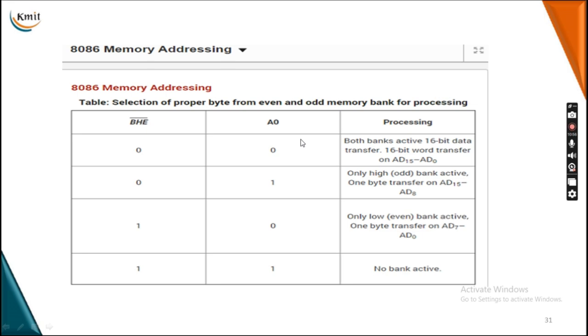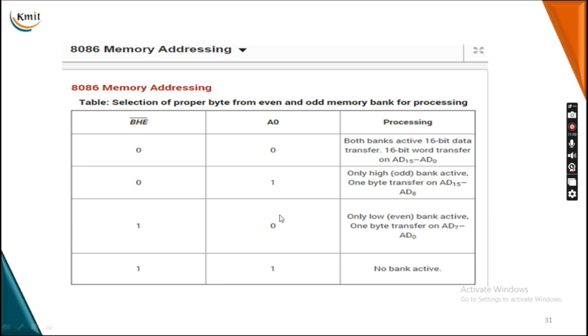If A0 is 1 and BHE bar is 0, then only the high or odd bank is active, so only 1 byte of transfer can be done. Get your point here? If A0 is 0 and BHE bar is 1, then only the low order or even bank is active and an 8-bit transfer can be done on AD0 to AD7.